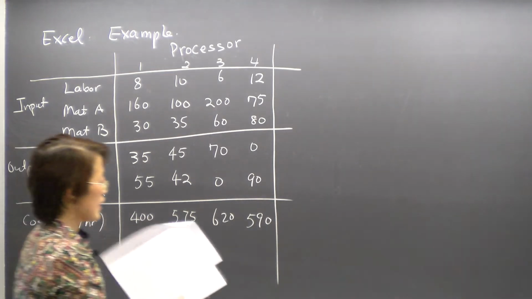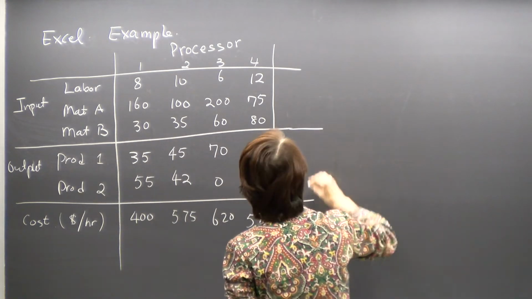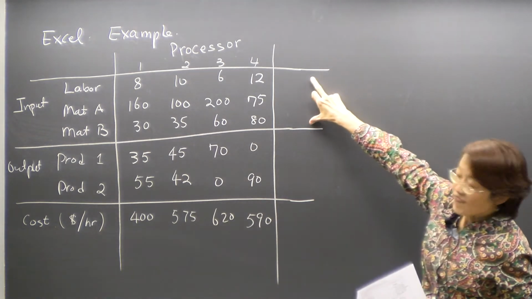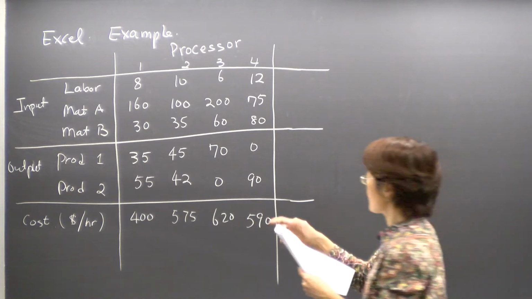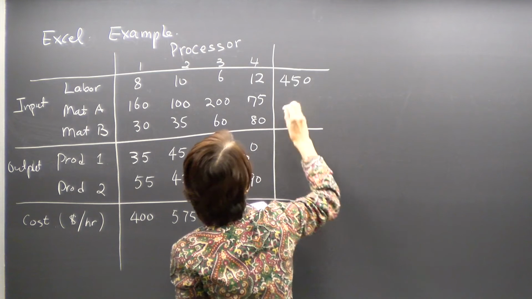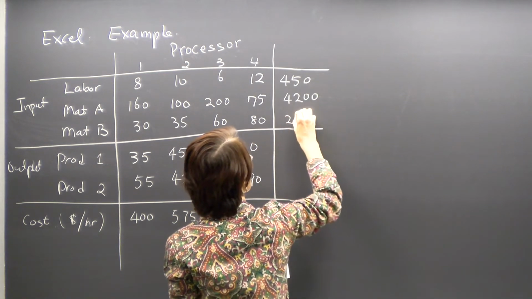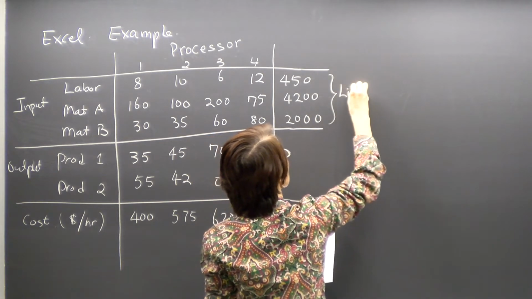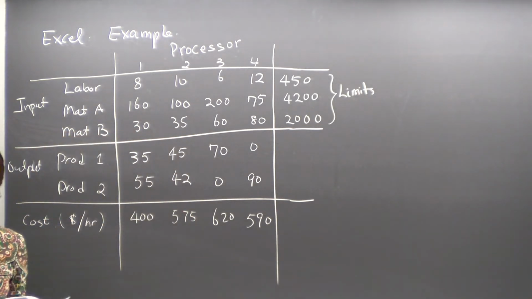Then there are other constraints, which I will list over here. The resource is not infinite; there is a limit. I have a maximum amount of labor, a maximum amount of material A, and of material B. I don't have an infinite amount of it.